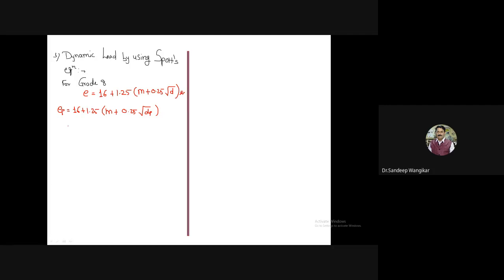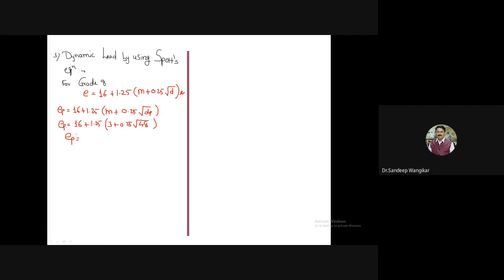So I will get the value EP is equal to 16 plus 1.25 into bracket, now value for module 3, plus 0.25 under root of dp, which is 48. Tell me the value for EP. 21.915. Okay, 92 I will say, because again it will convert.